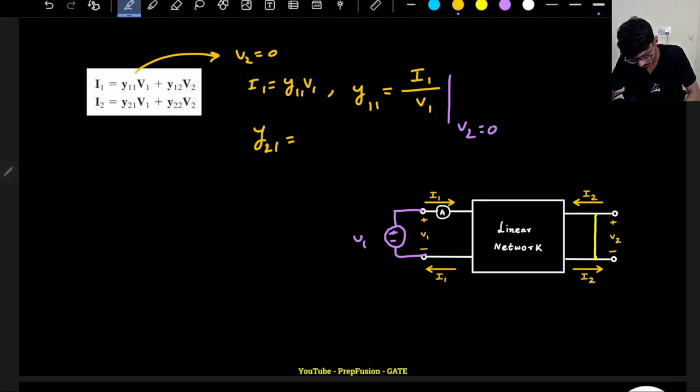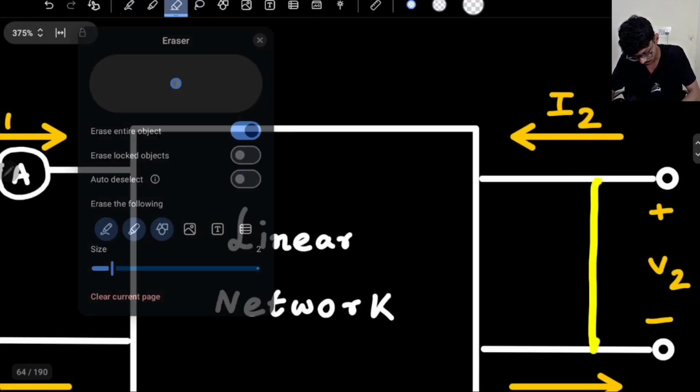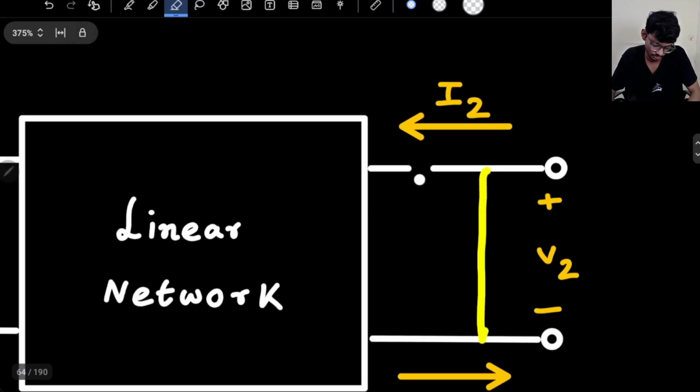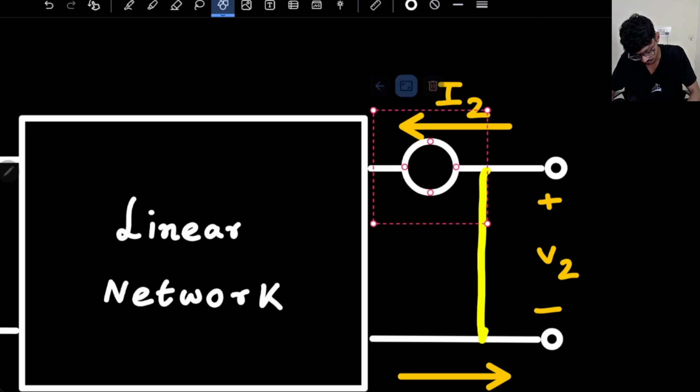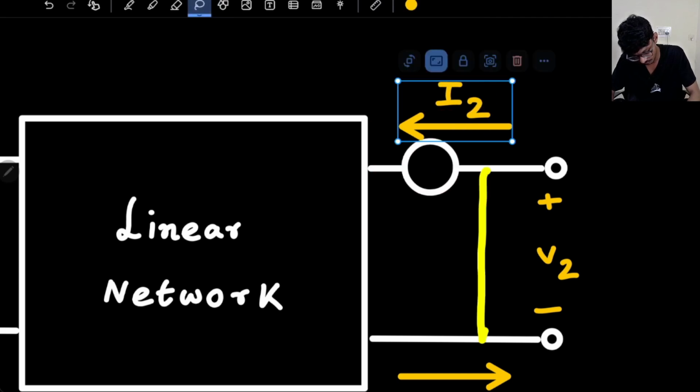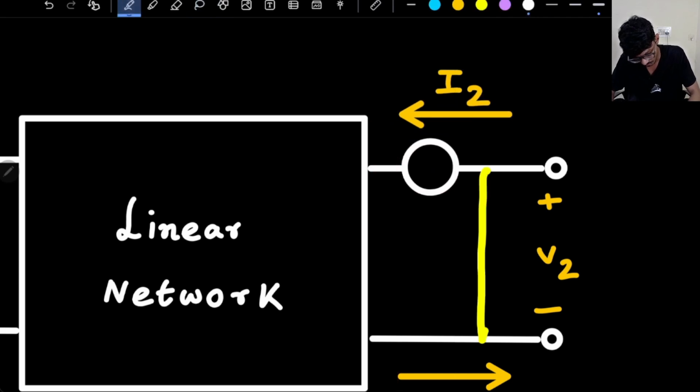For Y21, again V2 will be 0, so this is gone. So it is I2 by V1, the condition is V2 is 0. Here this will be the ammeter, right?